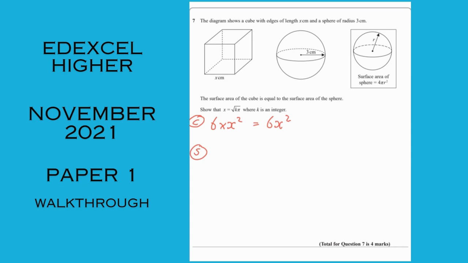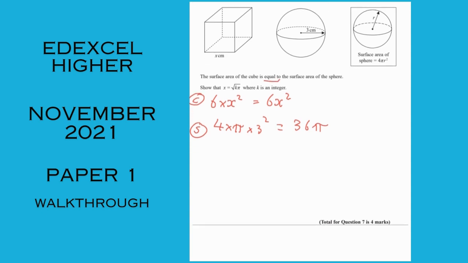The sphere is 4 times pi. We do have a number here. It's 3 squared. So 4 lots of 3 squared, 4 nines. We've got 36 pi. And there's the key word to it all, equal. We get 6x squared and 36 pi being equal.